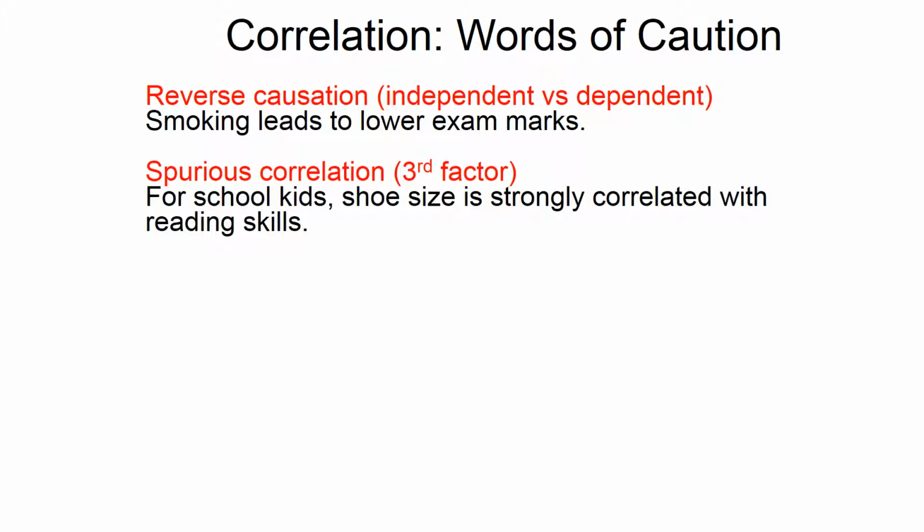It's because older kids have got bigger feet. So there's a third factor here, age. You've basically got some data that correlates really well, but there's a third data set, age of child, which you're missing out on. Would I make it up?